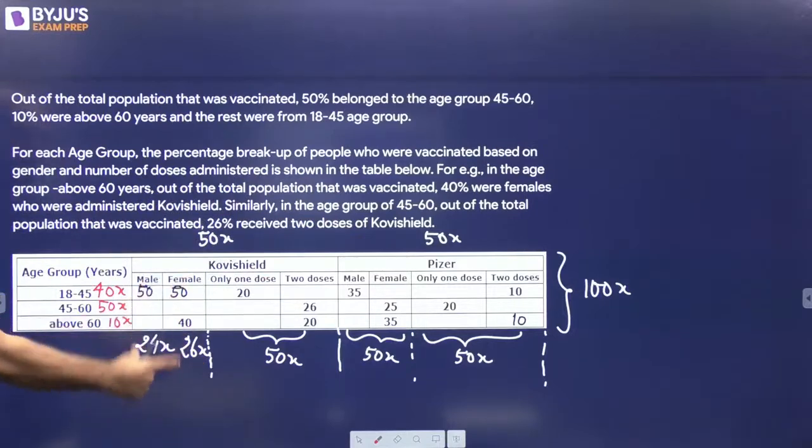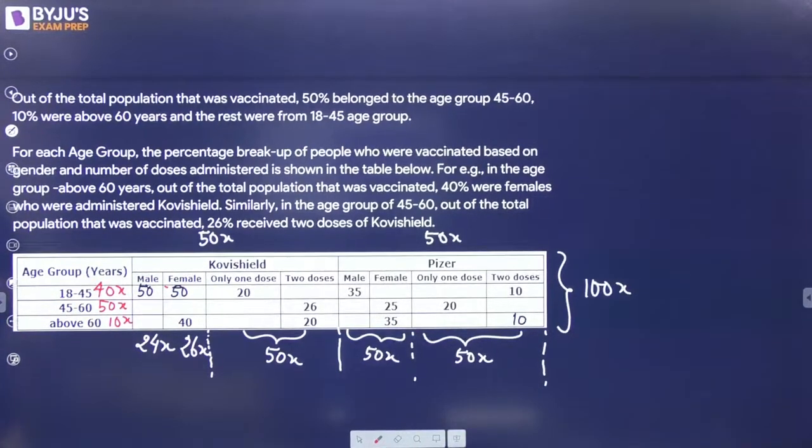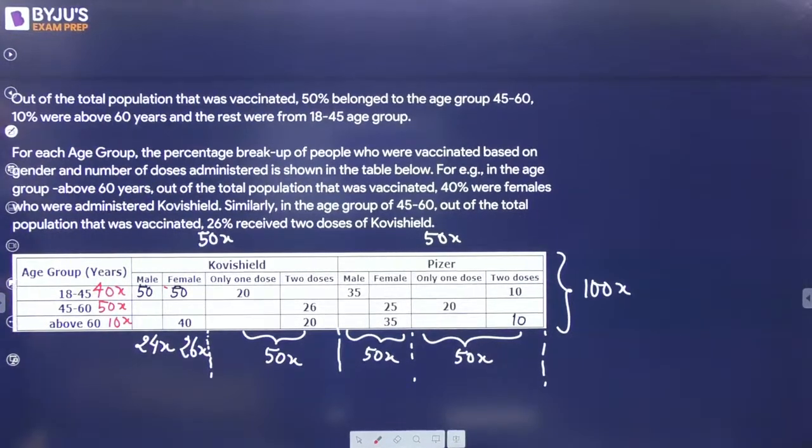This 24 and 26x is about 50% of total people who took Covishield, that is going to be 26x plus 40%. Half of the population got that. Where did I write this 24 and 26?